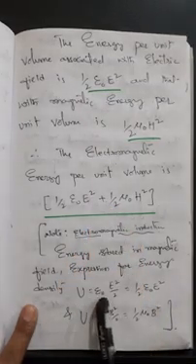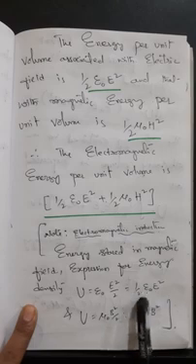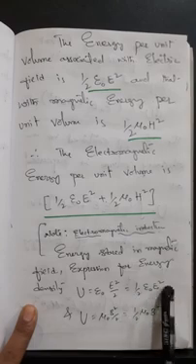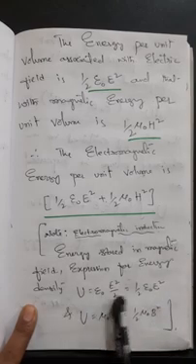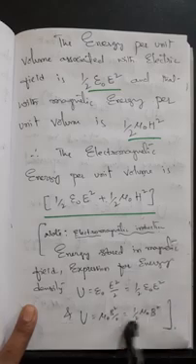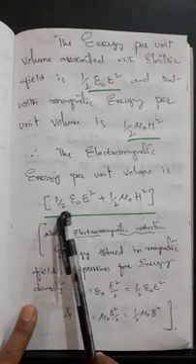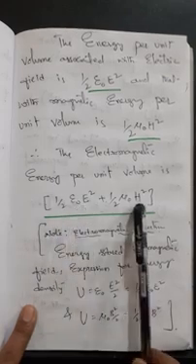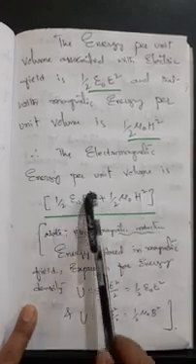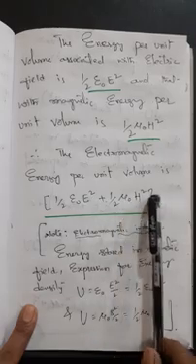That is, U is equal to epsilon naught E square by 2, which is the energy of the electric field, and this is the energy of the magnetic field. So the total energy will be the electric field plus the magnetic field, that is 1 by 2 epsilon naught E square plus 1 by 2 mu naught H square.